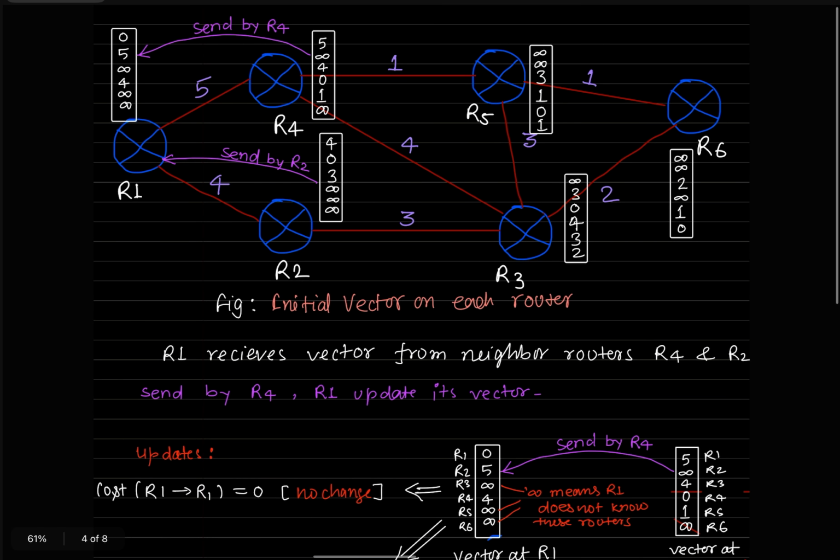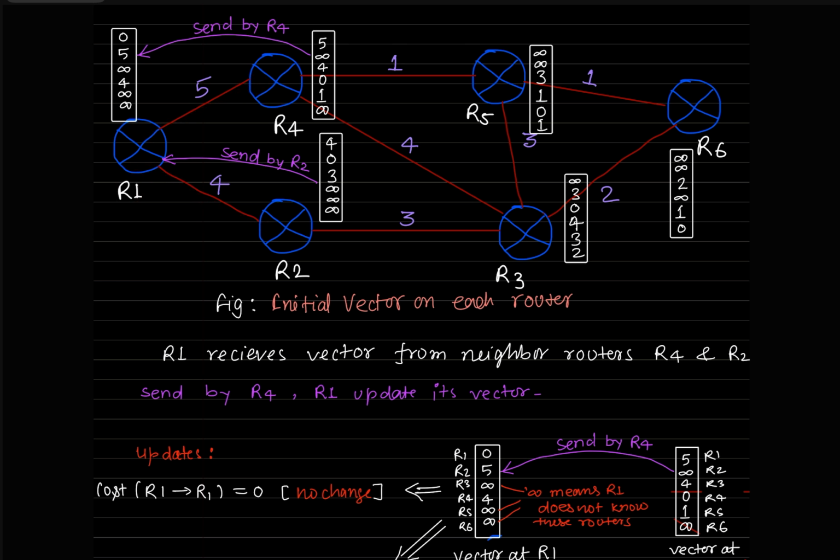Suppose router R1 wants to transmit a packet to R6. R1 doesn't know whether R6 is connected with R1 via other routers. So R1 will simply send a hello message to its neighbors.